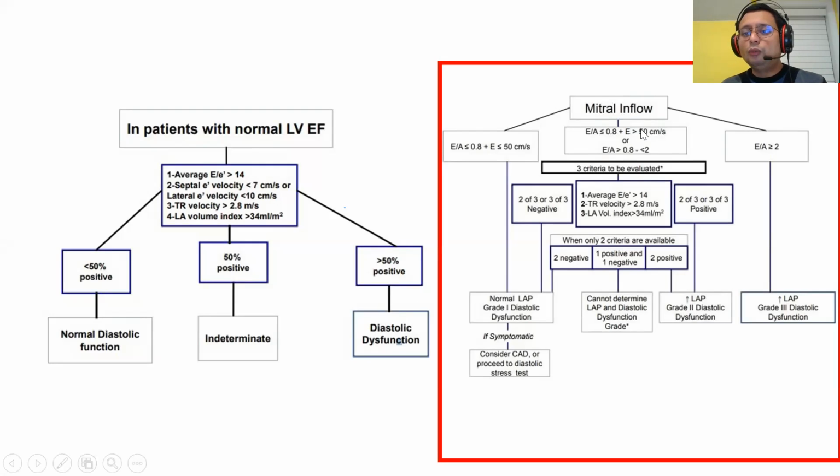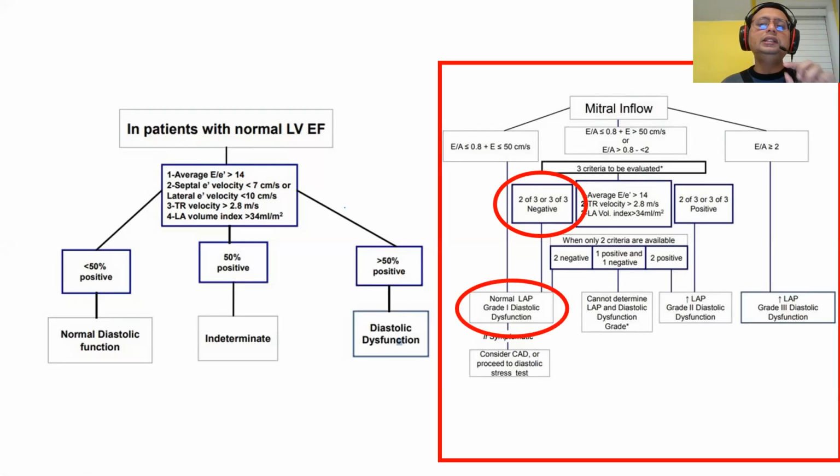E over A is 1.29, so we have to look at these three criteria. However, two of these criteria are negative. So even though it looks pseudo-normal, the patient still has grade 1 diastolic dysfunction. So this is a patient with apical hypertrophic cardiomyopathy, with diastolic dysfunction but normal LA pressure, grade 1 diastolic dysfunction.